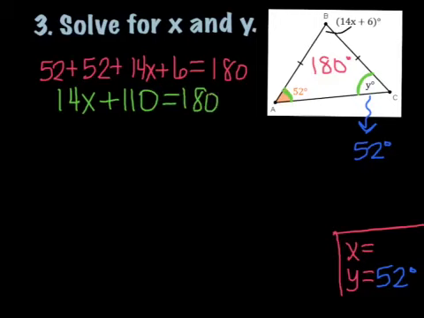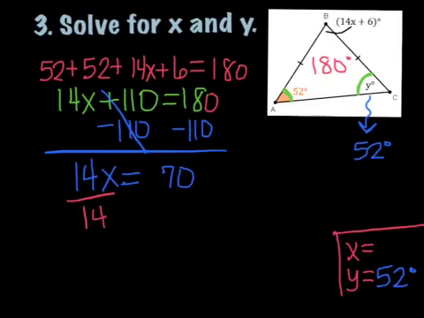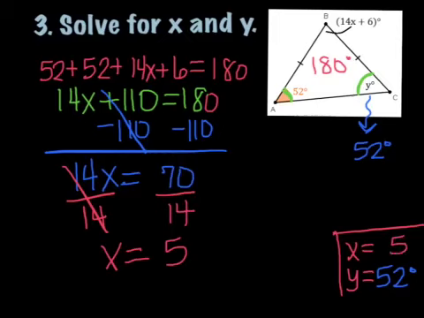Okay, now we need to keep solving. So let's subtract 110 from both sides. So we get 14x equals 70. Now we need to divide both sides by 14. And 14 goes into 70 5 times. So x would have to equal 5.